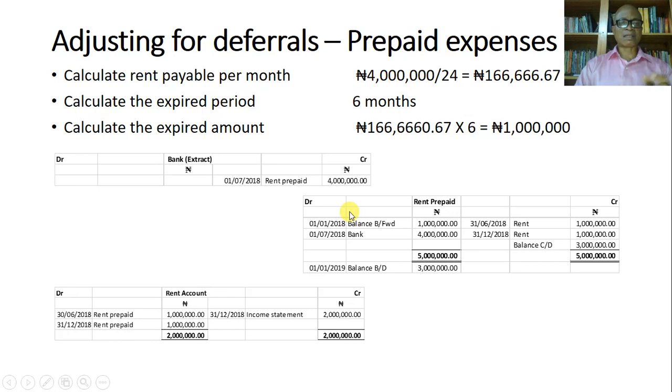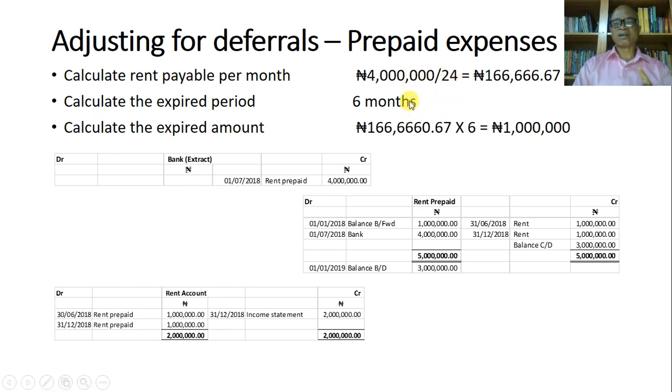Now let's look at the solution here. Calculate rent payable per month. That's 4 million divided by 24, because it's for 2 years. So we have 166,666 naira, 67 kobo. For how many months? 6 months.